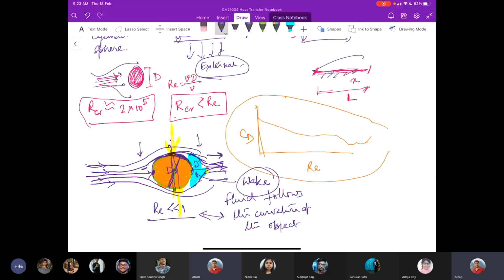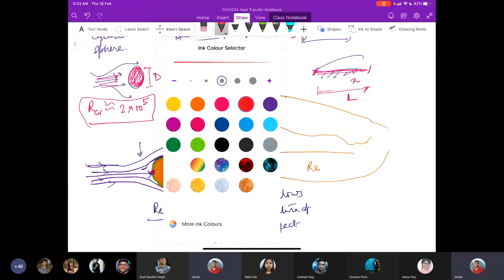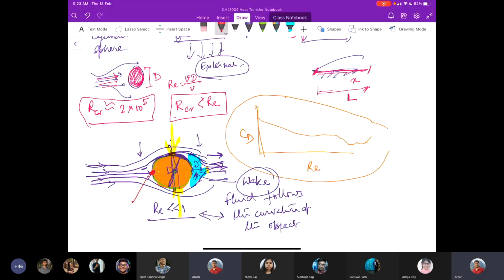So here there are recirculation eddies, all the things that are being created or generated. And the point where this velocity comes to a complete stop is called the stagnation point. That is at the mid plane junction on the front area of this cylinder.